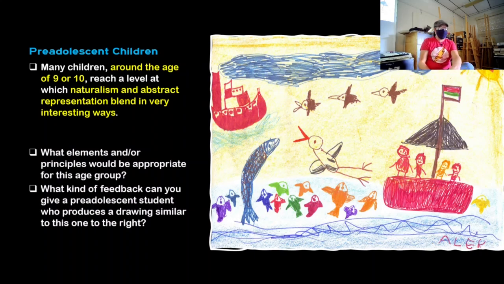Like the kid was like, all right, sky needs to be blue, the water needs to be blue, but if I want the people to be pink, I'll make them pink. And so a conversation can be had like, I love all your colors. Can you tell me why this one person is orange? I see you have three who are pink and one who's orange. Who is this? Conversations like that can be had with this kid.